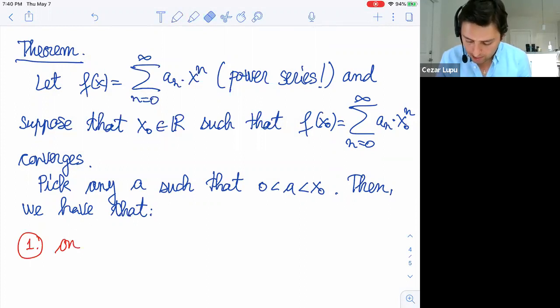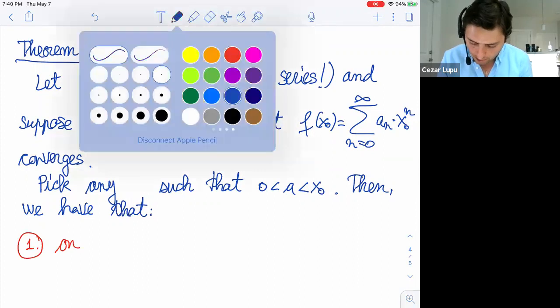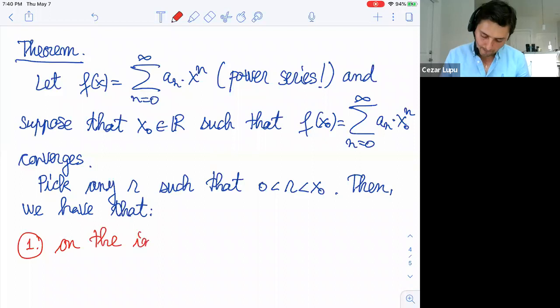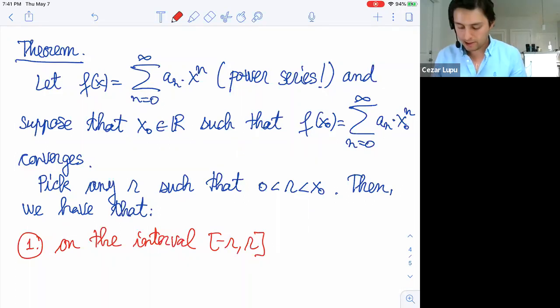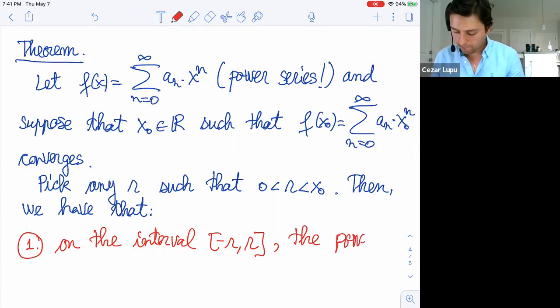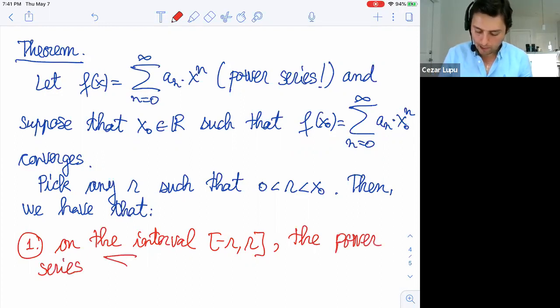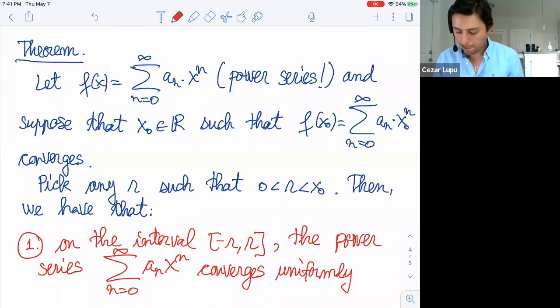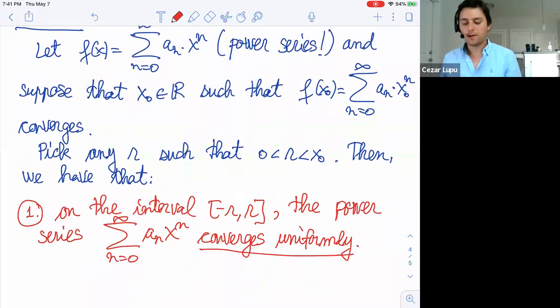In fact, no, let me just stick with the notation so that we keep with the same notation as previously, and let me pick R. On the interval [-R, R], the power series, the sum from n equals 0 to infinity of a_n x to the n, converges uniformly. This is very important.